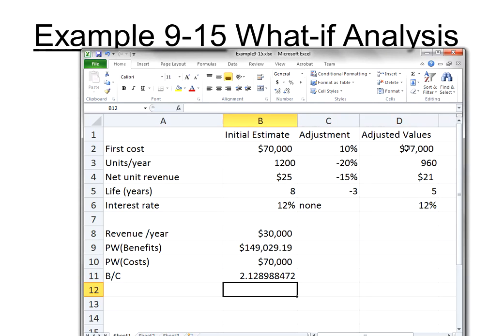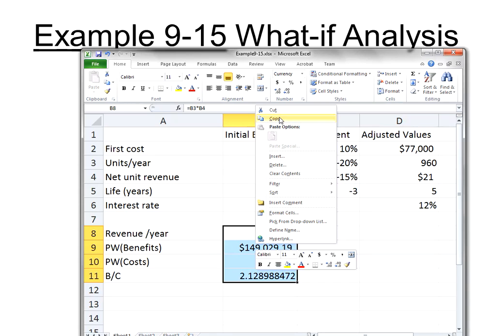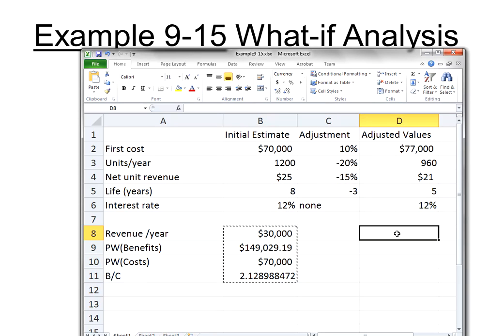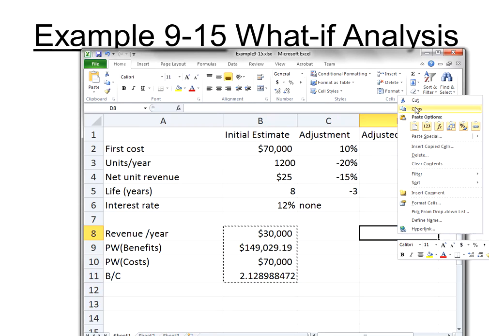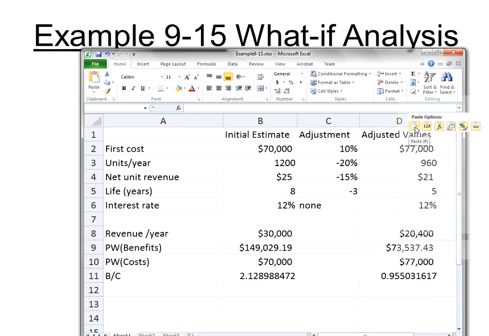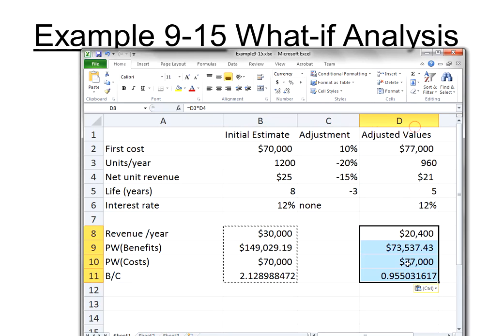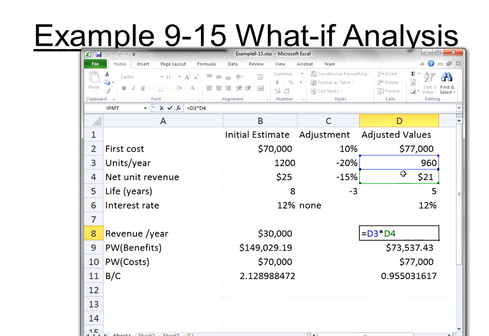However, if I have these adjusted values, how would that affect my calculations? I'm just going to select this and copy it. I'm going to select this cell and paste. What it does is it just pastes the formulas. So this one is just units per year multiplied by net unit revenue, and that gives me this.